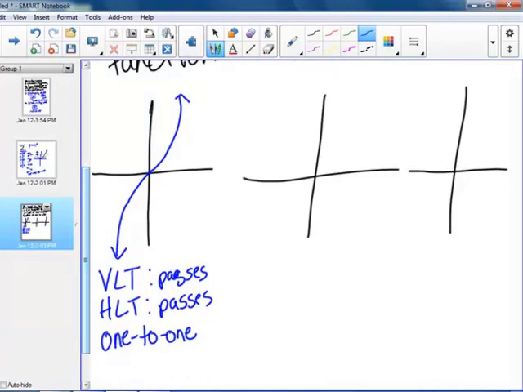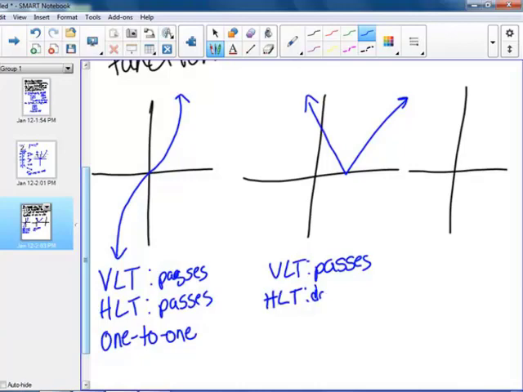Now the next one, how about an absolute value function? Vertical line test, it passes that, it only crosses each vertical line once. Horizontal line test, though, does not pass. So this is a function, but it is not one-to-one.